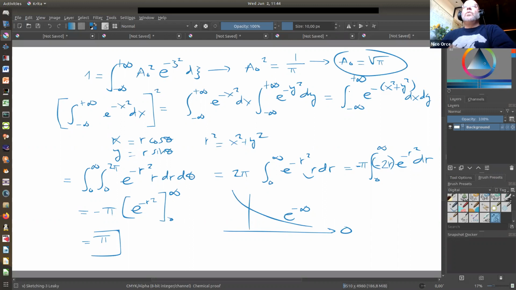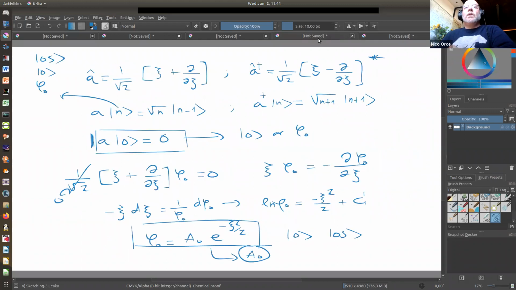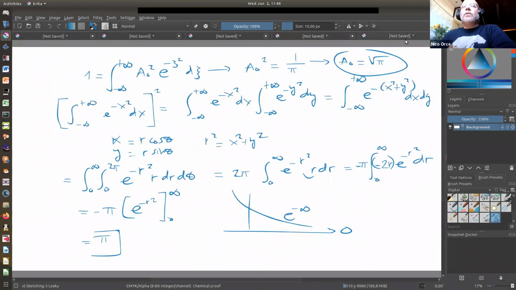And with that, we go back here, and we have that the first wave function, rho naught, or 0, is equal to a square root of pi times the exponential of that factor here, right? Square root of pi.